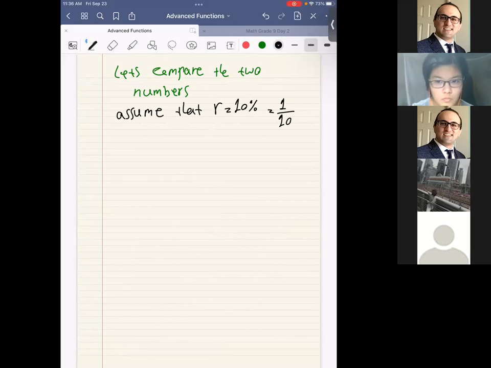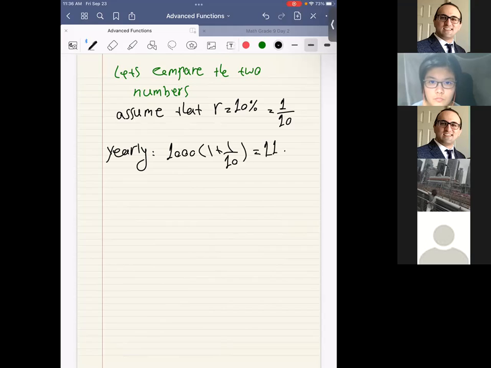So if you compute yearly, then you have 1000 times 1 plus 1 over 10. Monthly, what do you get if you compute it monthly?